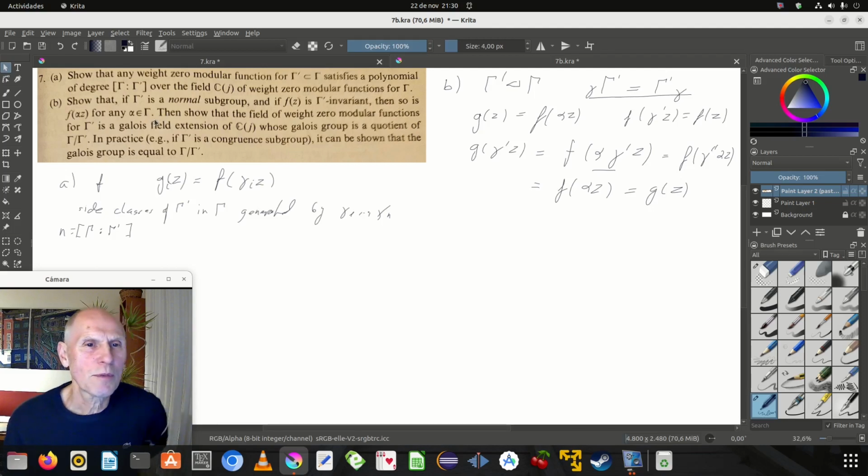That was the first part. The field of weight zero modular functions for gamma mark is a Galois field extension. We already know that. So it's about the group action here.